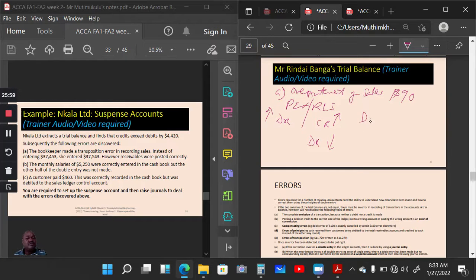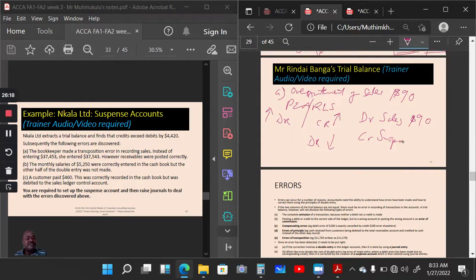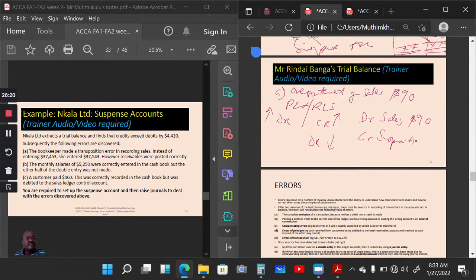So we are going to debit the sales. By how much? By $90. If we debit the sales, we credit something. In this case, we are crediting suspense account, $90.